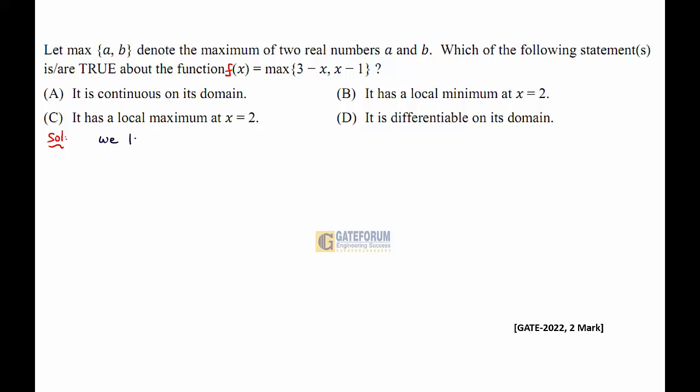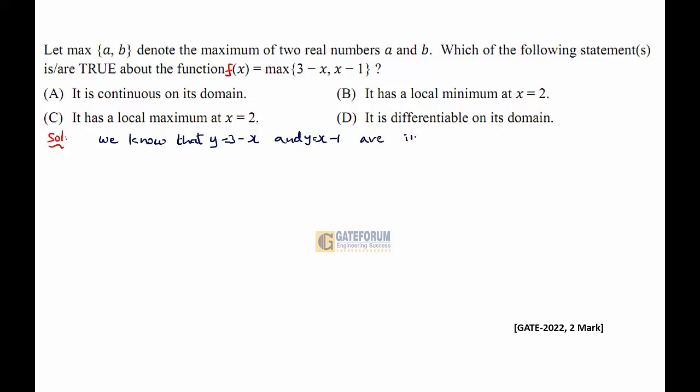These are y values. Or you can write y is equal to 3 minus x, because every f of x is nothing but the y value.